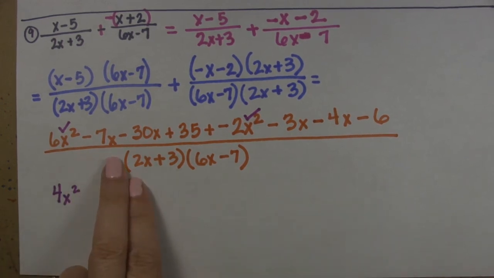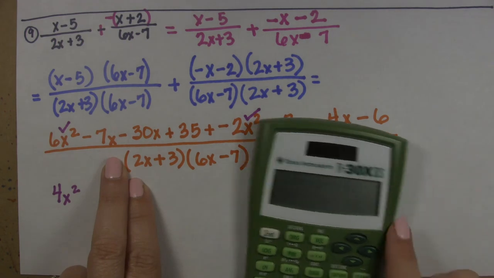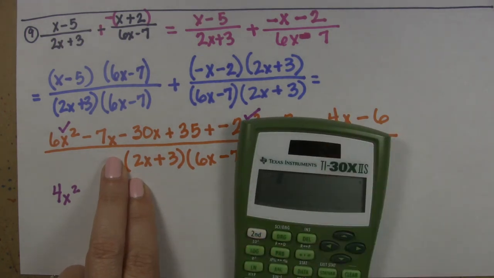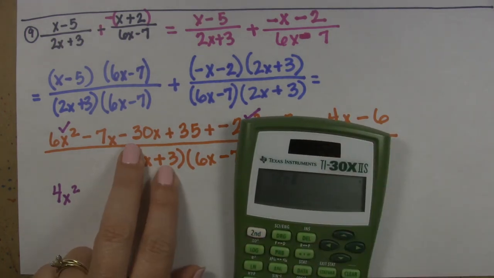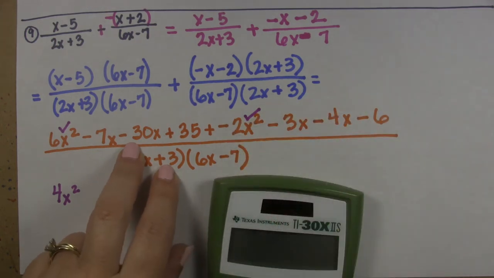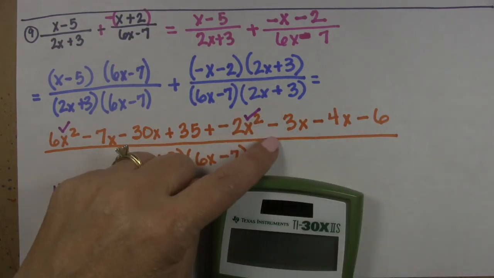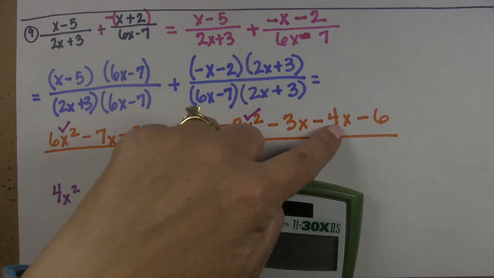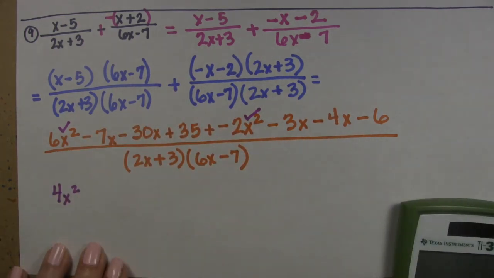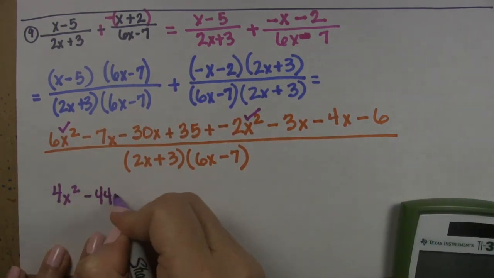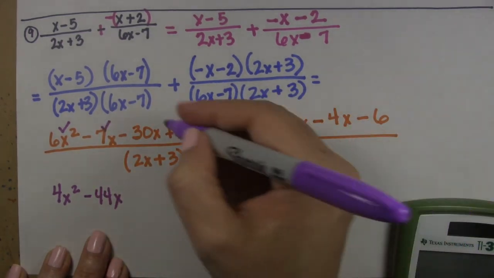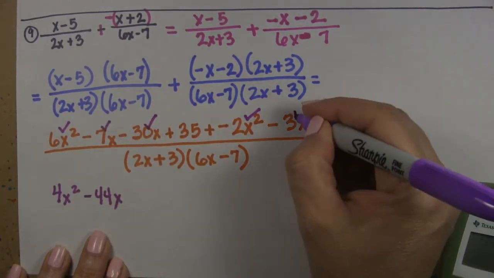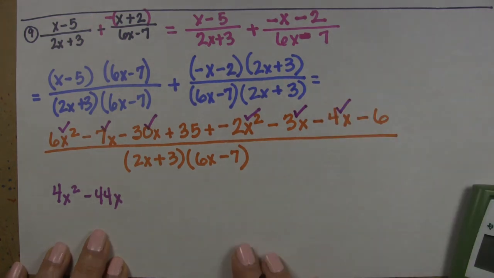And now I can deal with my x's. I'm going to use my calculator. Negative 7 minus 30 minus 3 minus 4 equals negative 44. Negative 44x. So I did the negative 7, the negative 30, the negative 3, and the negative 4.